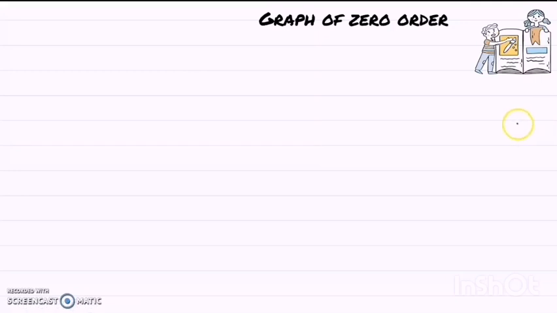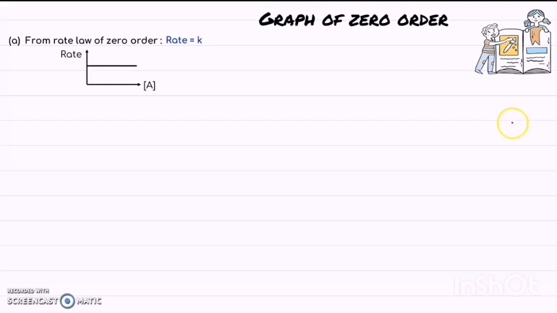Now let's study about the graph of zero order. The first graph that you have to know is from rate law of zero order, which is rate equal to k. Actually, in this equation, there is A to the power of 0. But since the value of concentration of A to the power of 0 equals 1, we can just write the rate law for zero order as rate equal to k.